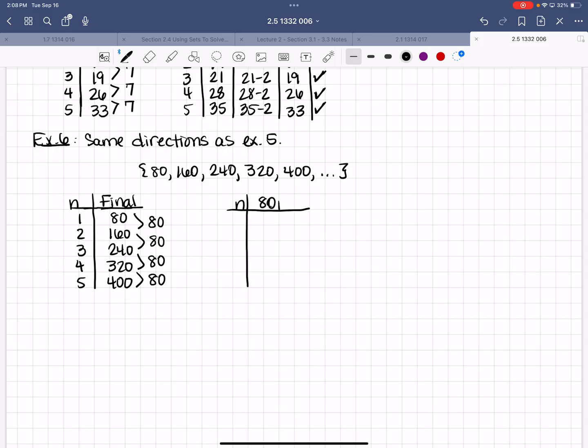That is 80n. Okay? I'm going to leave my blank. And then I've got my final: 80, 160, 240, 320, 400, with n equal to 1, 2, 3, 4, 5.